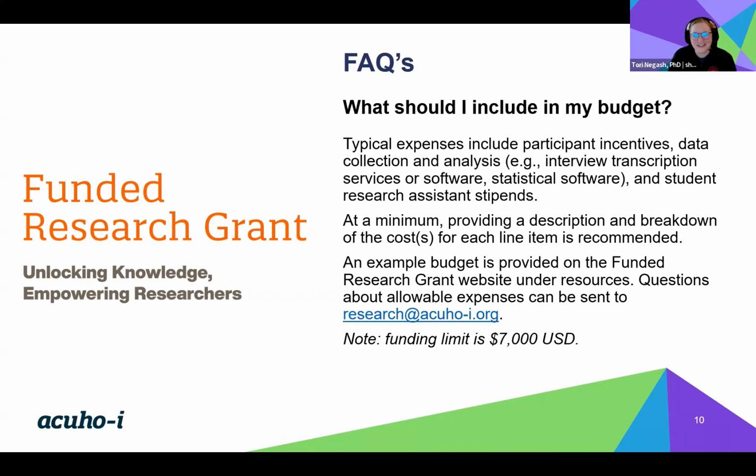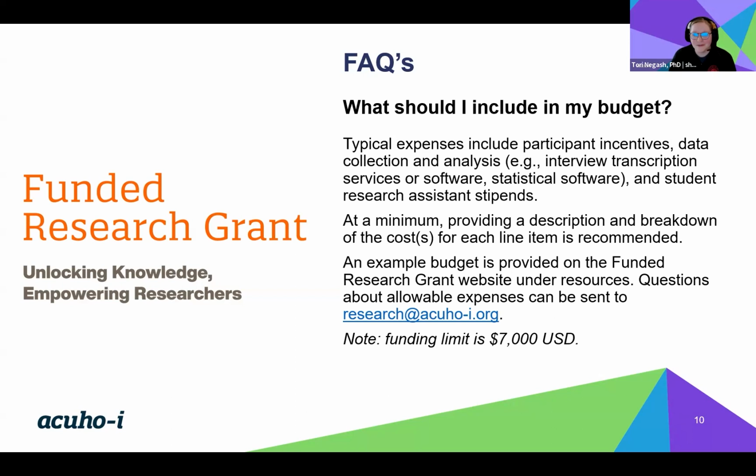A common question relates to budget. What should I include in my budget? There is a help document, a resource document on our website that includes an example of what that could look like and talks through some of the allowable expenses. But what I've shared here is what is typically included.